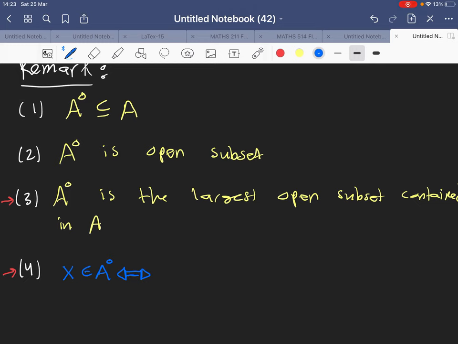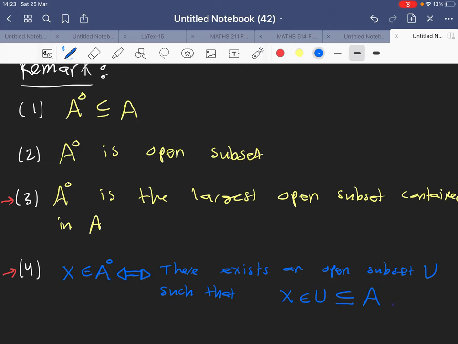Of course, if X belongs to the interior and the interior is just a union of open subsets, it means there exists an open subset U such that X lives in U, and of course U is always contained in E. So we get this story.